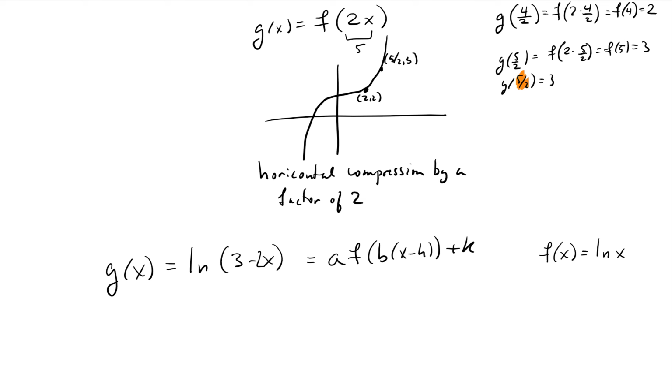Now notice that if I expand this, it's going to be bx minus bh. So the term including x appears first, and in my function, the term that includes x appears last. So the first thing I'm going to do is switch around my two terms so that x appears first. And the other thing is I want to factor whatever coefficient appears in front of x, so that this is going to be my b.